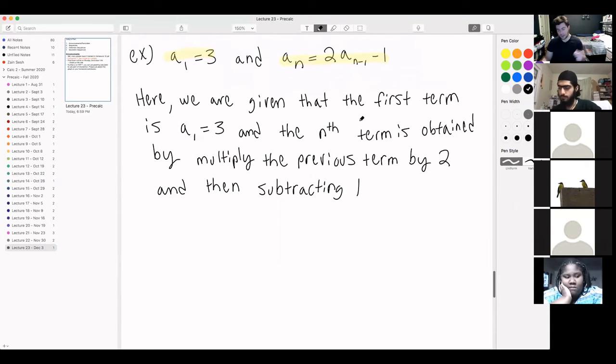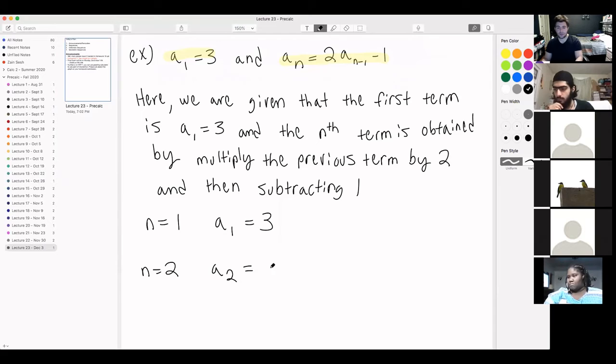So let's start listing out some of these. n equals 1 corresponds to a sub 1, and we're given that that's 3. So no work to be done on the first term. n equals 2 is where we have to start using this recursive formula. a sub 2, by definition, is 2 times a sub n minus 1.